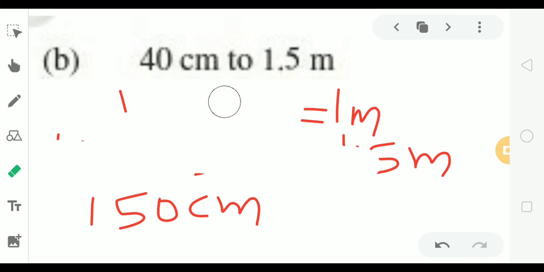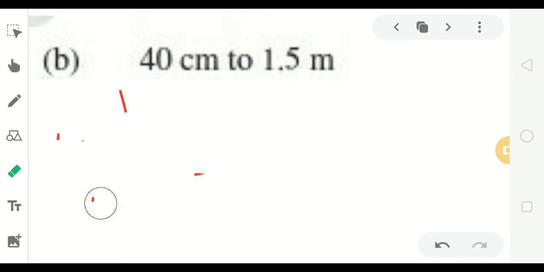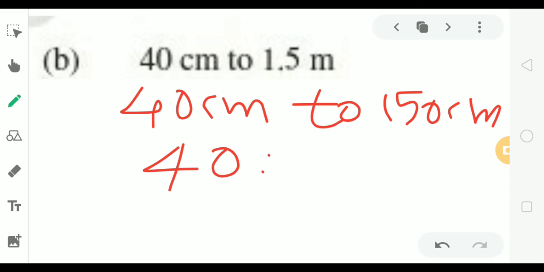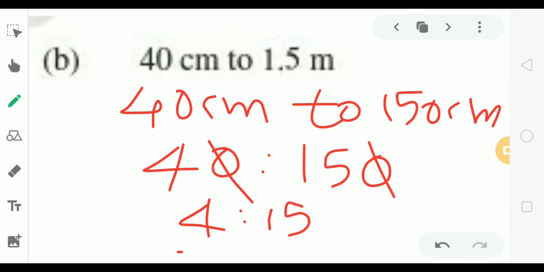So we write it as 40 centimeter to 150 centimeter. Now let us write the ratio. 40:150. We cut the zeros, so we get the ratio as 4:15. 4:15 is already in the simplest form.